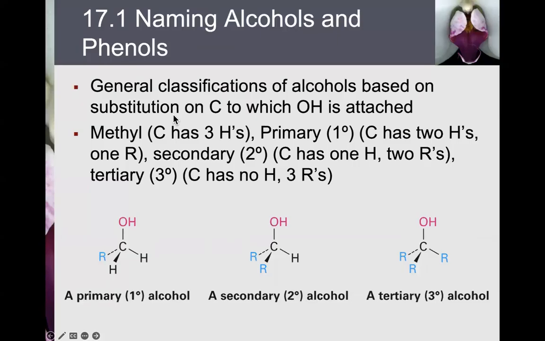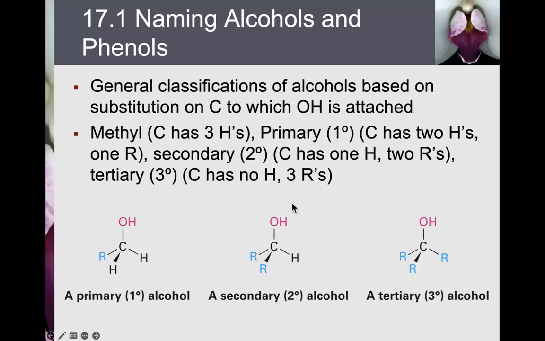In naming alcohols and phenols, we classify them into three. We have the primary alcohol, in which only one R group is bonded to the central carbon. Then we have the secondary alcohol, where two R groups are present in your alcohol.